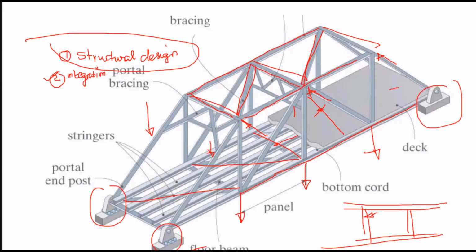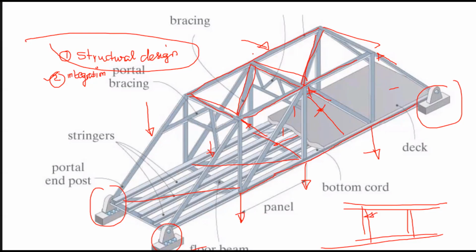If I take the force flow, the load comes onto the deck, goes to the longitudinal beam, goes to the cross girder, goes to the truss, goes to the bearings, the bearings go to the pier and it goes to the foundation. This is the load flow. Now what I'm asking is, what is the load flow for the horizontal truss? Where should the load go? The load finally has to go to the support.